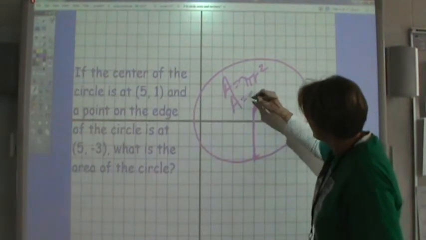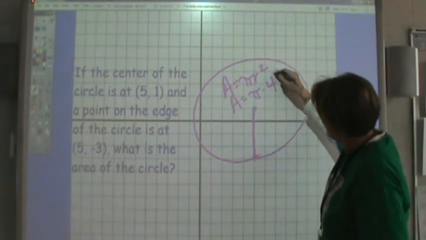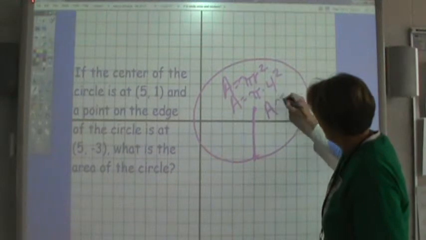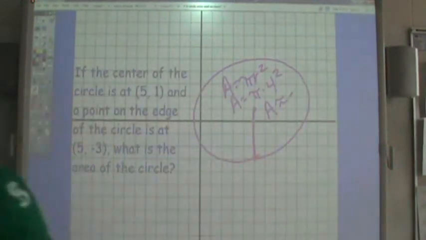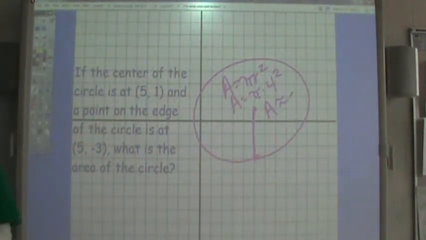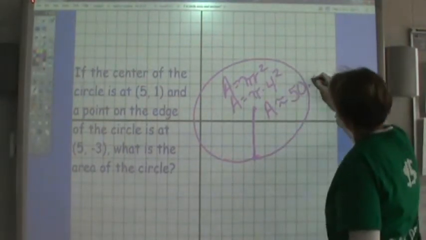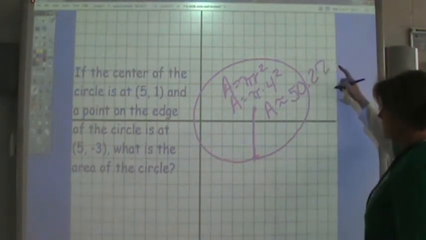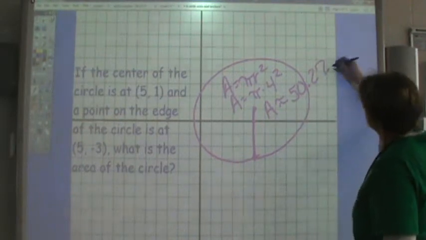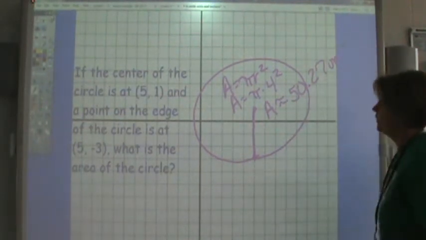So all I have to do is pi times 4 squared, which is about 50.27. That would be units squared, since we don't really have a length.